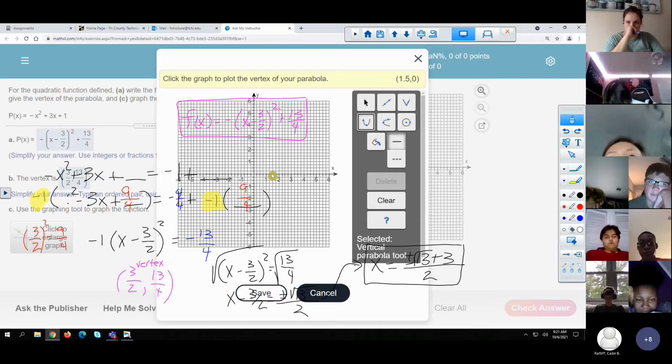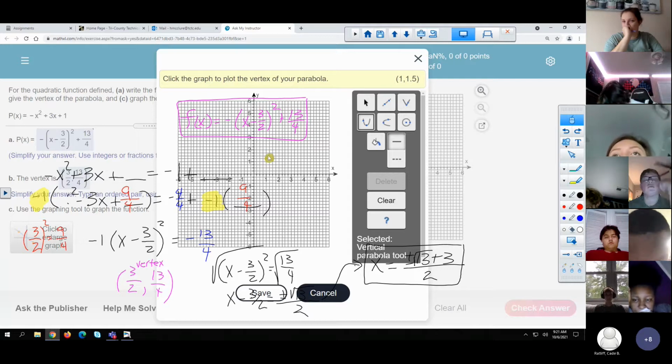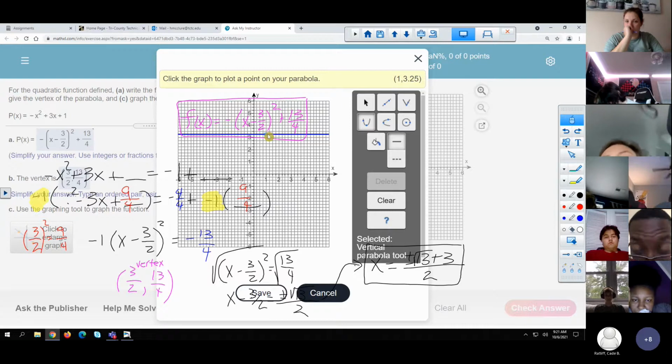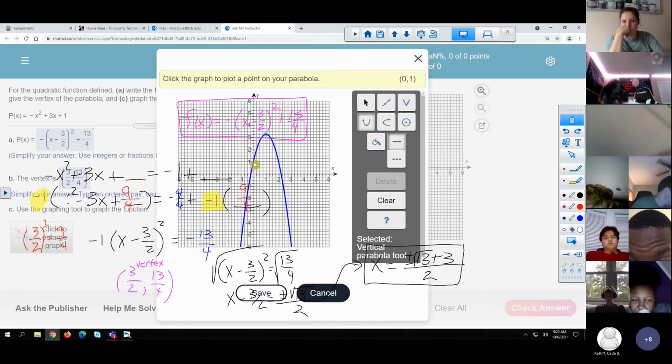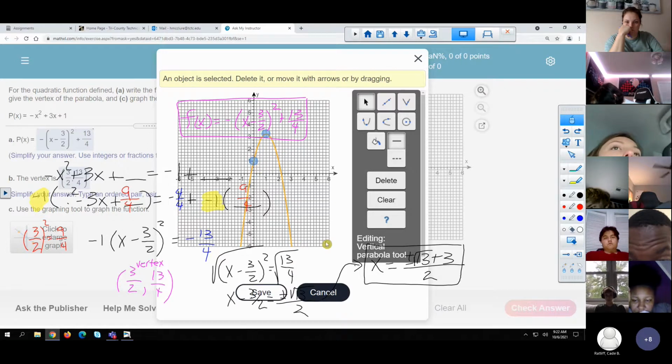And then up 3 1/4. There's my point. And my y-intercept is 1, so make sure up in the top right-hand corner it says 0, 1. And that should be your graph.